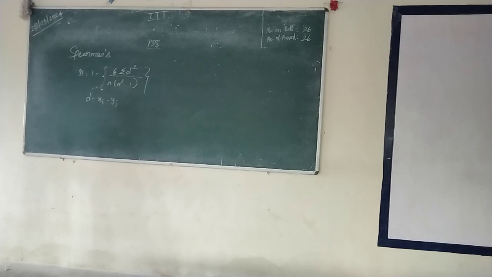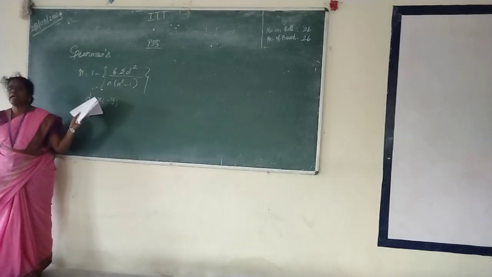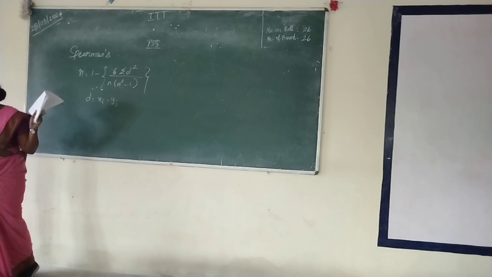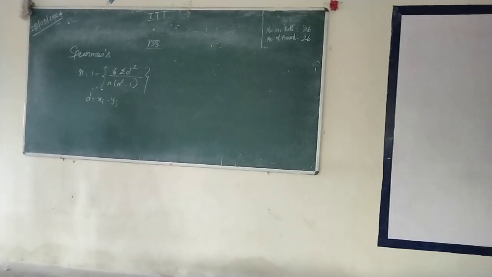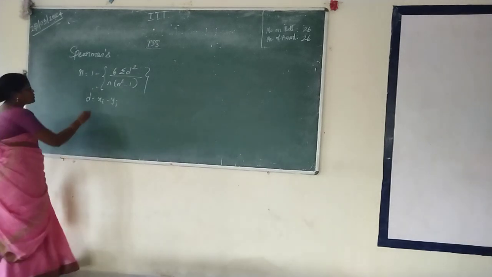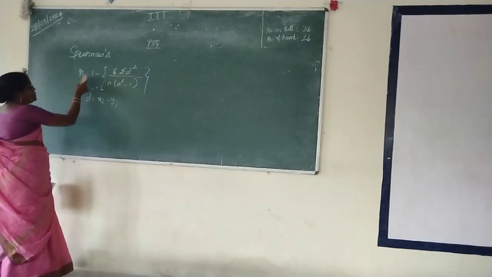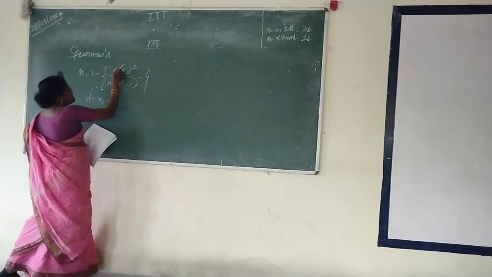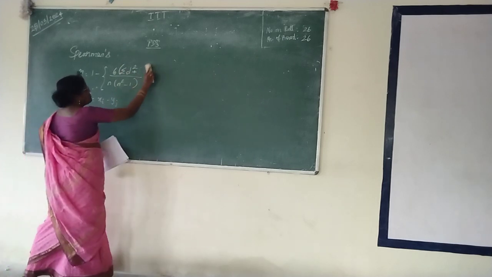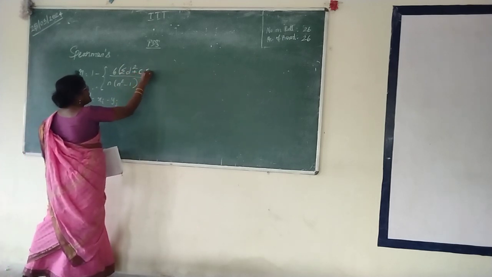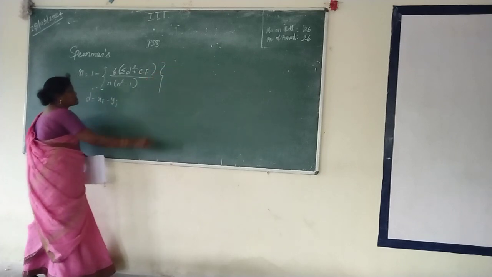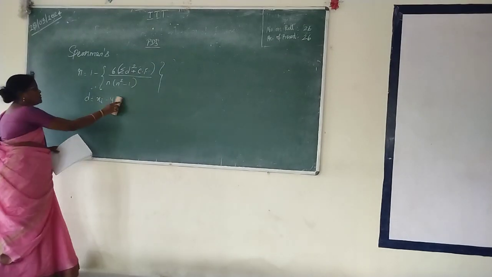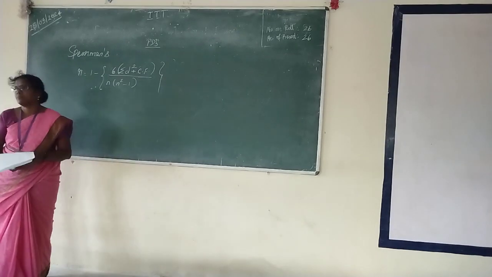In that case, we will rectify our formula by adding a correction factor. So write the next one. For repeated ranks, take down: R is equal to the same formula, 1 minus 6 into summation of d square plus correction factor C.F. Along with summation of d square, you are going to add the correction factor.